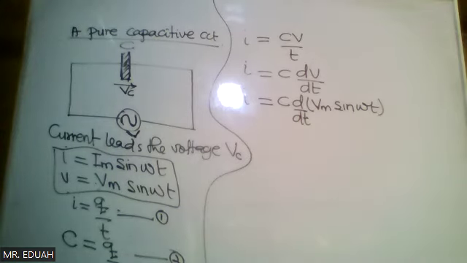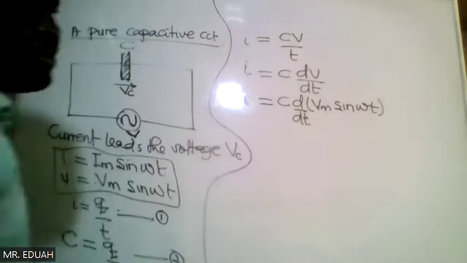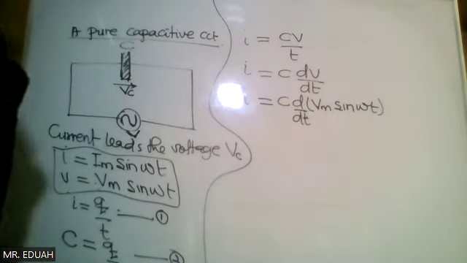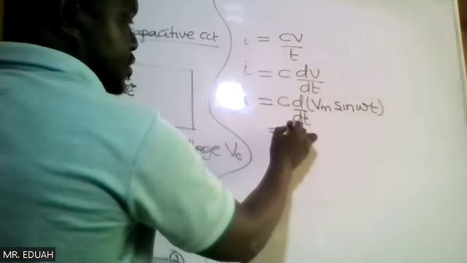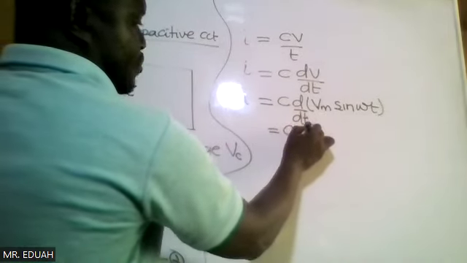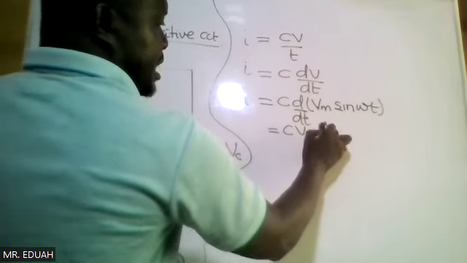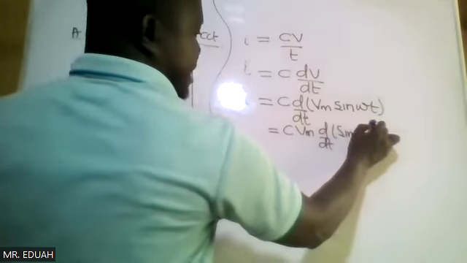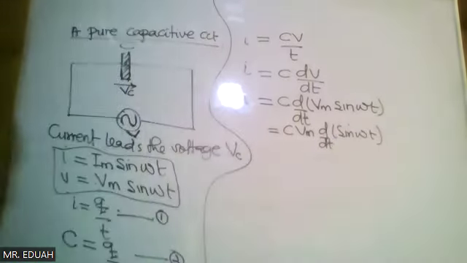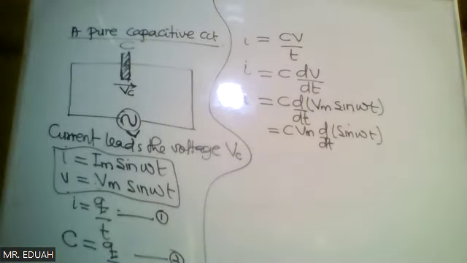Meaning we are differentiating what we have within the brackets with respect to time. This is a coefficient. It's not affected. So C times Vm will come out. Then we have d/dt of sine omega t. Because of SHM, at least we understand this.